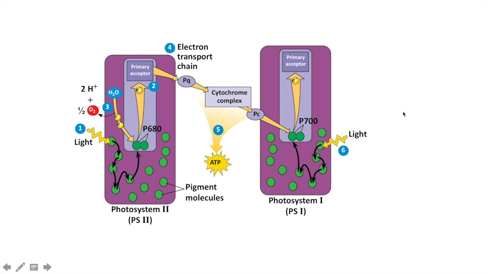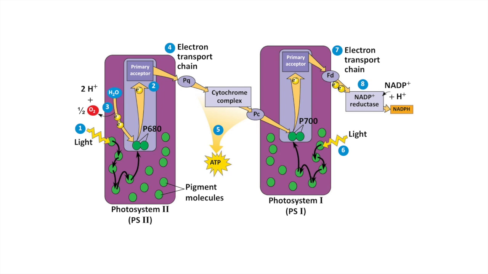And those electrons still have a lot of energy, even though they have done the work of, just like we saw in cellular respiration. But a second photon of light can re-energize those electrons, and then they can be put onto another electron transport chain that will transfer those electrons onto a molecule called NADP+.